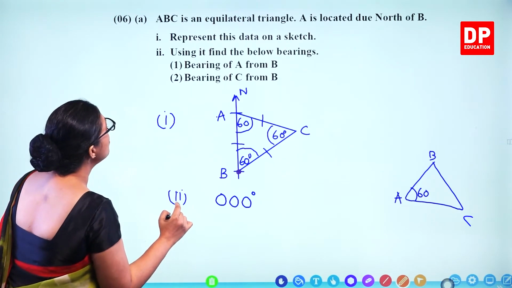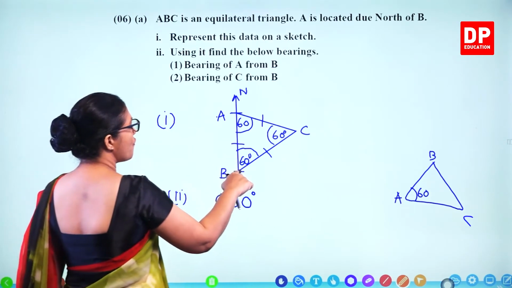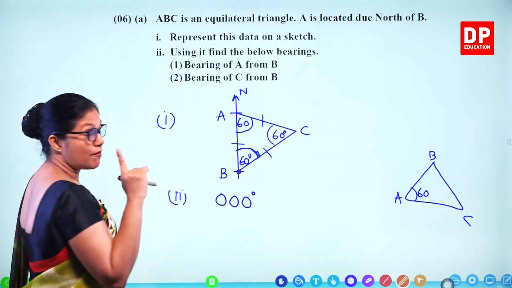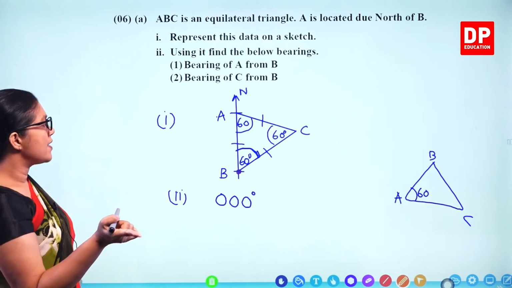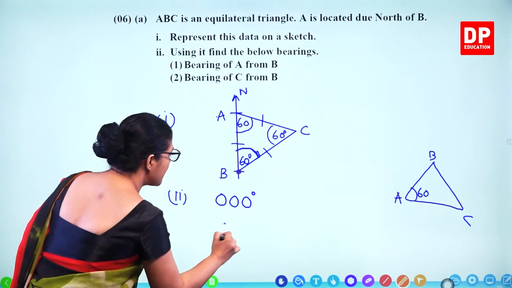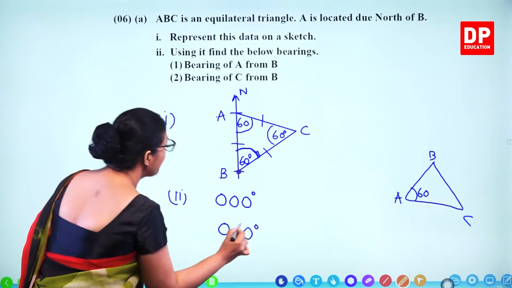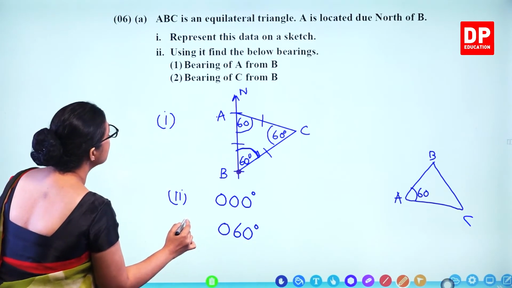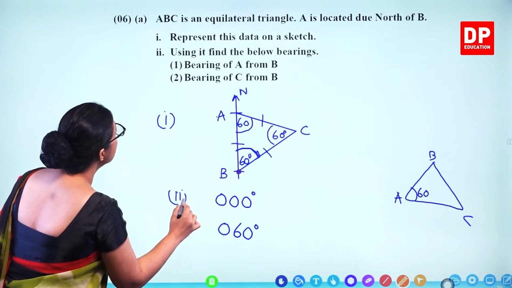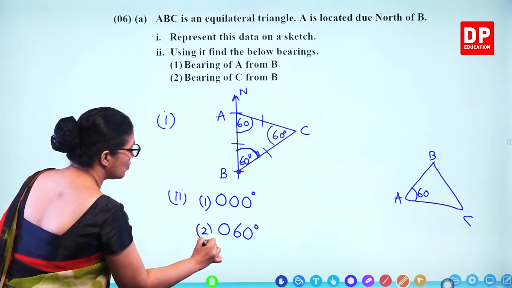Part 2, bearing of C from B. So from B, this one. So this angle. From north clockwise direction, we have to measure the angle for bearing. So 60 degrees. So we can write 0, 6, 0. That's second part. So this is 1, 2, 1 and 2, 2.